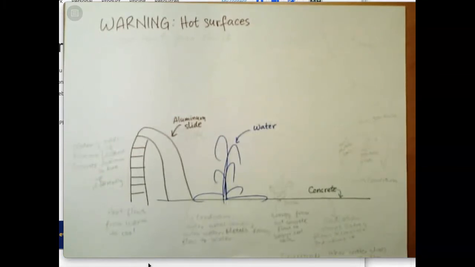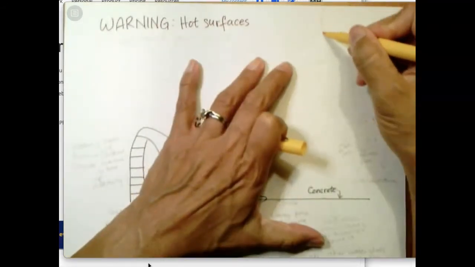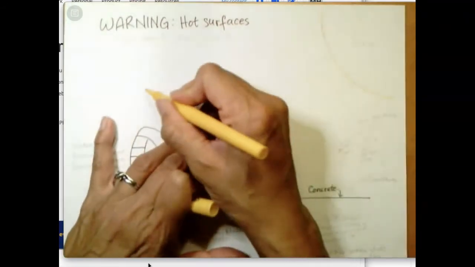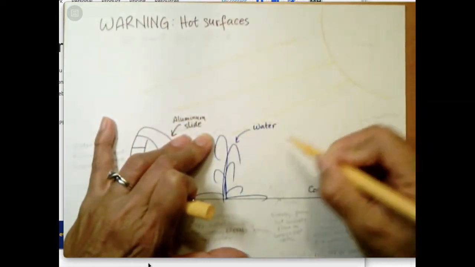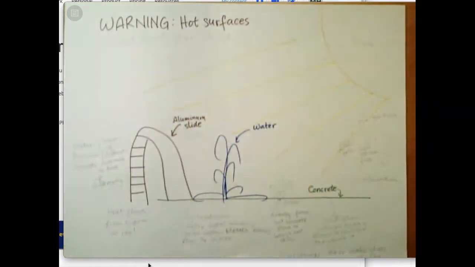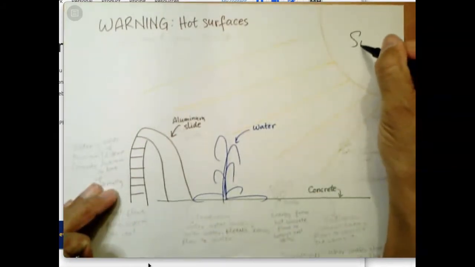Next, I should write down the three different ways heat transfers. So I should show on my poster where radiation, conduction, and convection show. First I need to draw the heat source, and our heat source is the sun. I'm going to write the word sun here.